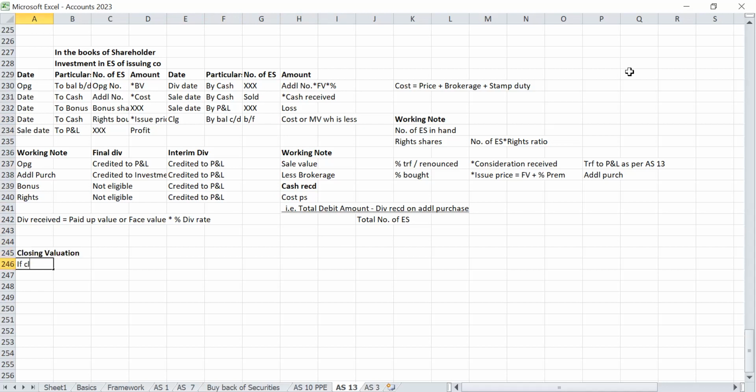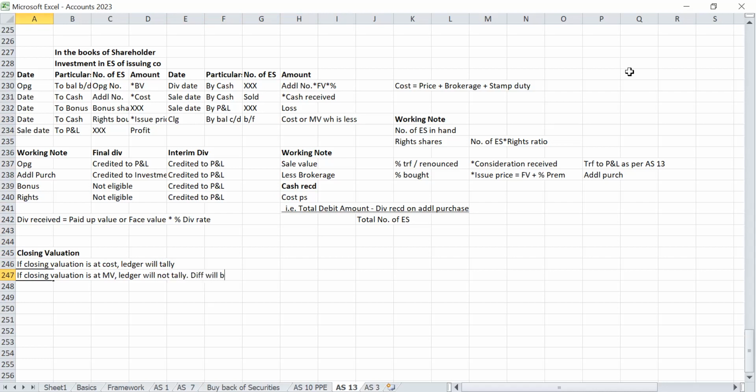If closing valuation is at the cost, ledger will tally. If closing valuation is at market value, ledger will not tally.